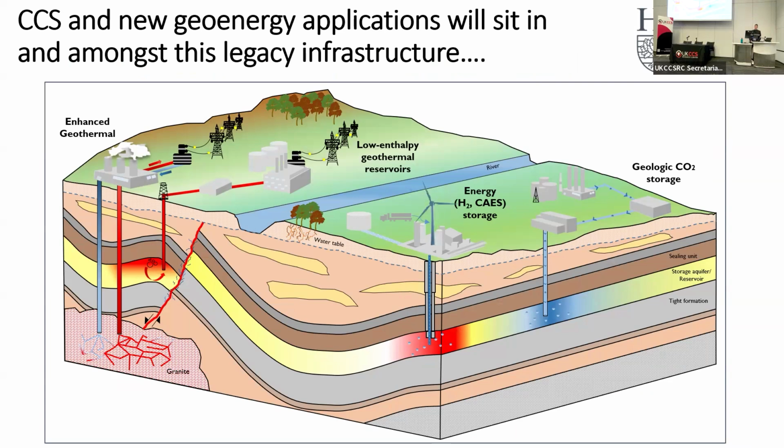Well, if we think about net zero and future use of the subsurface, we want to be doing lots of low carbon, no carbon activities such as CO2 storage, maybe hydrogen storage, geothermal, for example. And all of this will take place in and amongst these legacy wells. So it's about understanding what the implications are of those legacy wells if we have failure or leakage along those wells for those technologies.